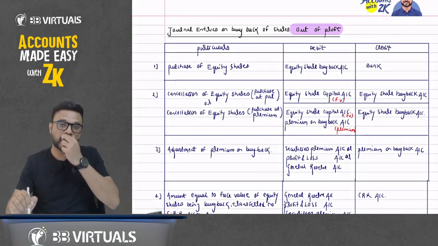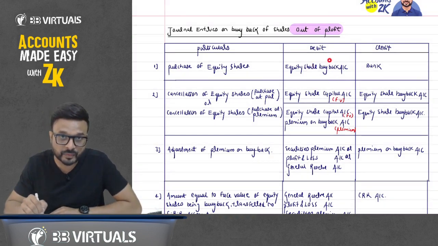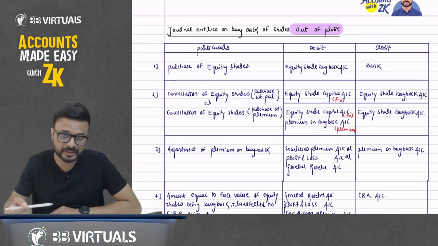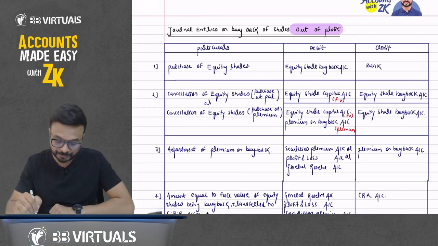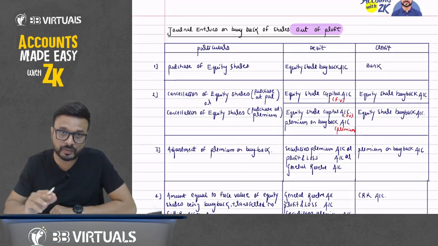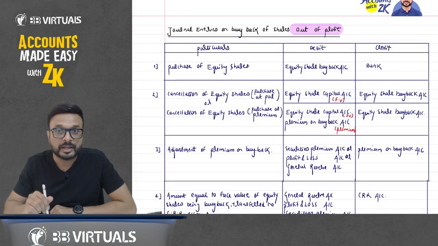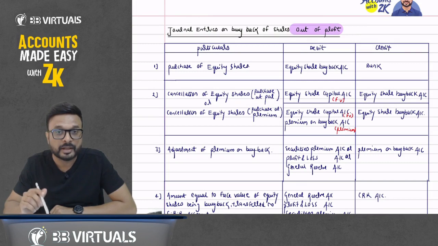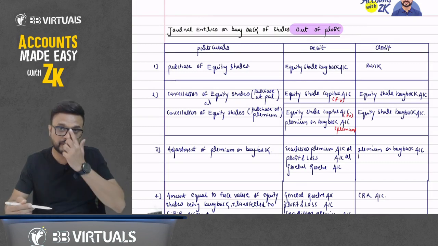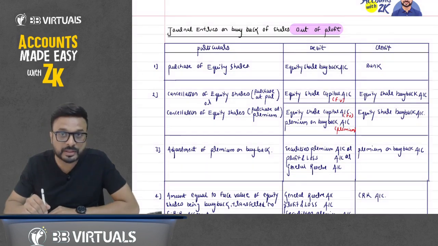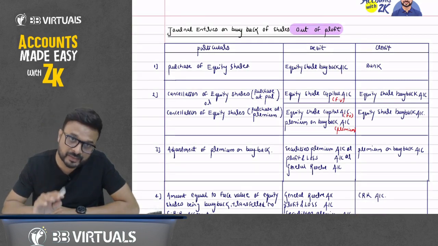But sometimes it may happen that you have purchased these shares from the market at over the face value. Suppose the share is of rupees 10, but you have purchased at rupees 15. When you do cancellation, share capital is always recorded at face value only. So here equity share capital account will be debited by face value only.